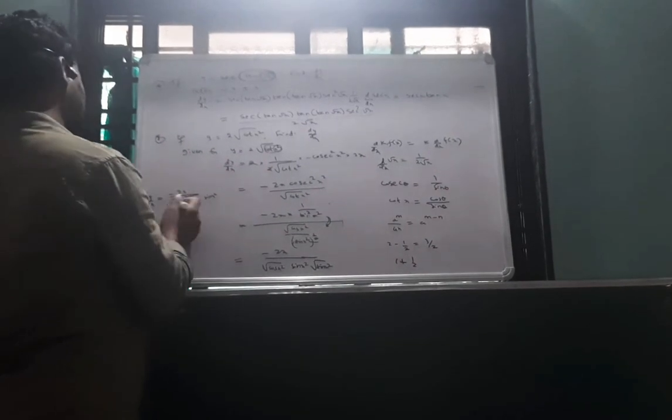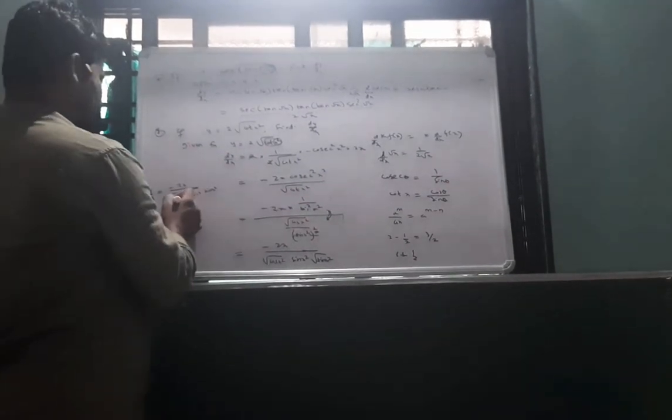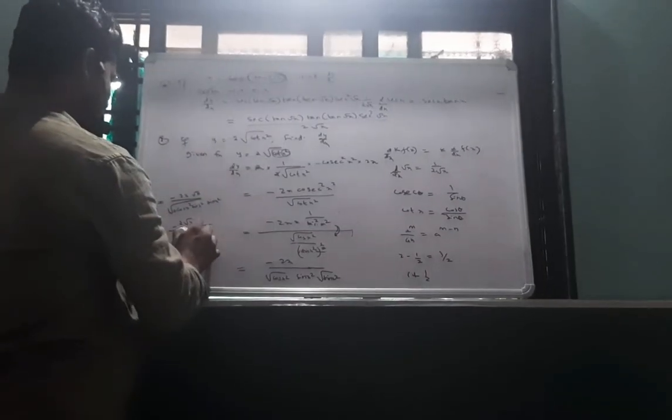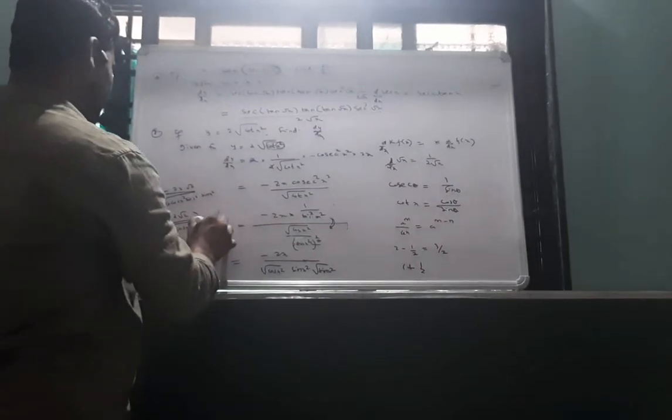Here again, if you multiply and divide by root 2, so this is 2 cos x square sin x square, 2 sin x cos x, it becomes minus 2 root 2x, divided by 2 sin x square.